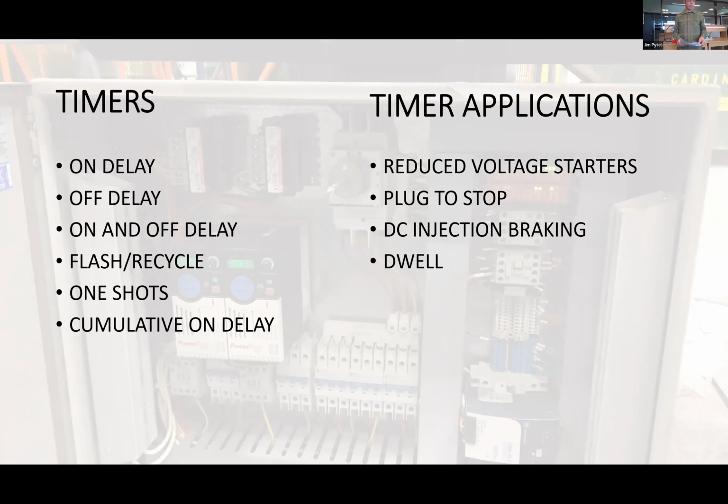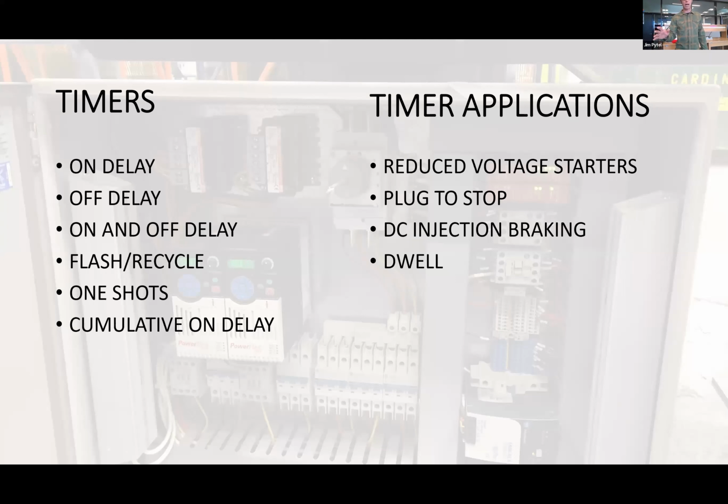I think one of the most fun applications is plug to stop. Plugging, by the way, for those not familiar with it, is the instantaneous reversal of the rotating magnetic field. If the motor is rolling forward and you open the forward contactor and close the reversing contactor, the motor will decelerate and then begin rotating in the opposite direction.